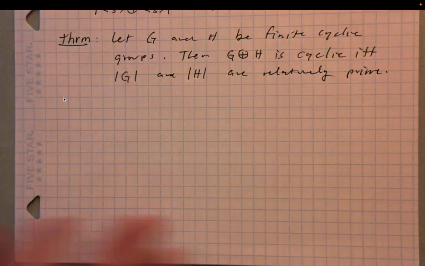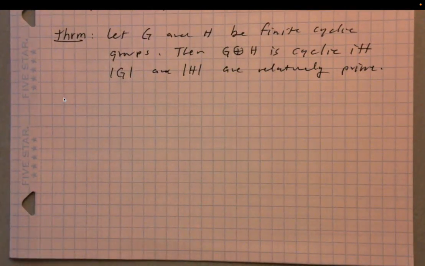What does relatively prime mean? Let's just make sure we remember that. Relatively prime means that the only common divisor of the two numbers is 1. So for example, 2 and 3 are relatively prime. The only thing that divides the two is the number 1. 11 and 3 are relatively prime.